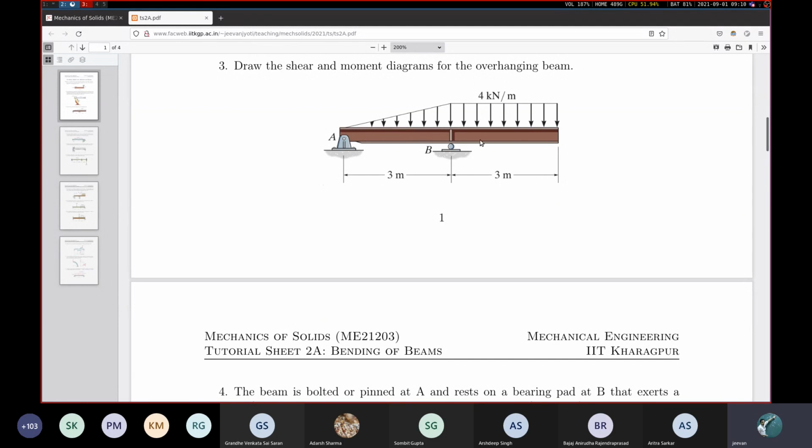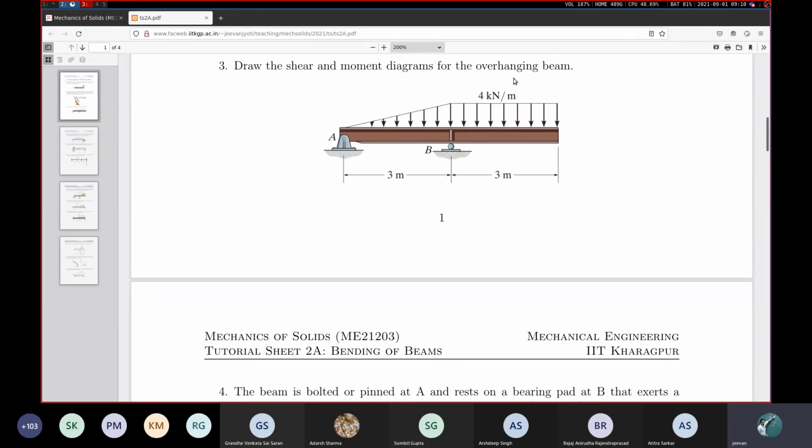You tell me quickly whether this is a statically determinate problem or an indeterminate problem. Determinate. It is very much a determinate problem. The only apparent complication here, it is not even a real complication, is that this is an overhanging beam. Okay, but nothing to worry about that.